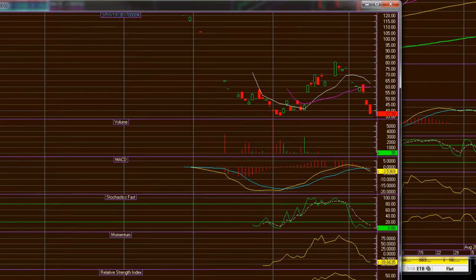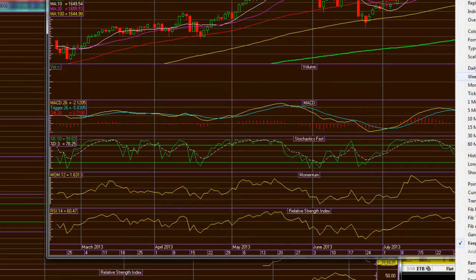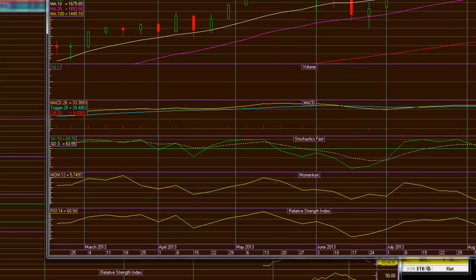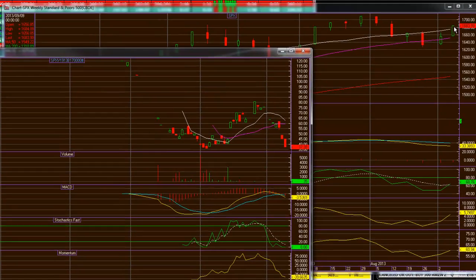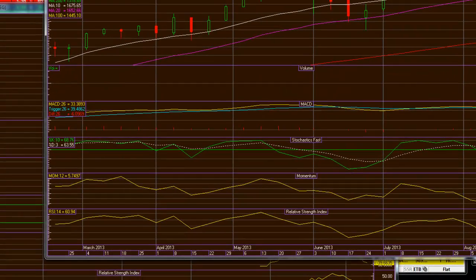And right now I'm seeing a 99% overbought daily chart on the S&P. When I go to the weekly, it's above that 10-week. So there's the neckline on the weekly, and on the daily we're overbought.